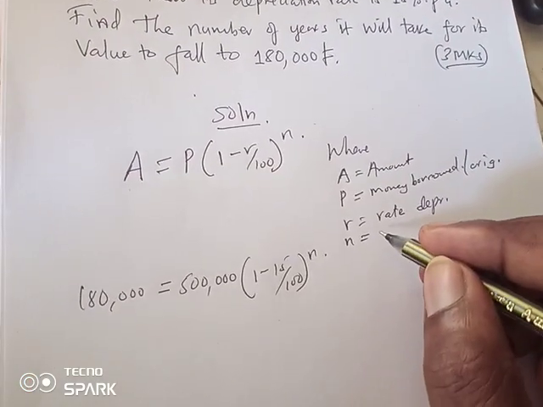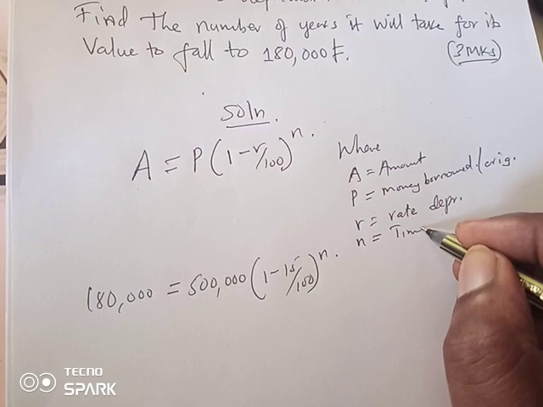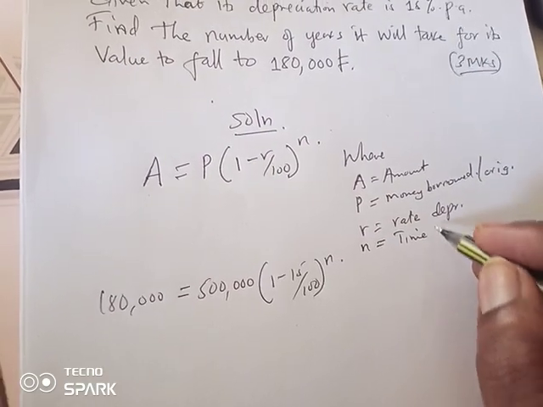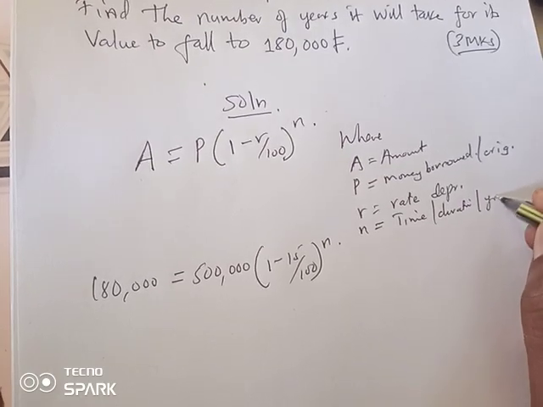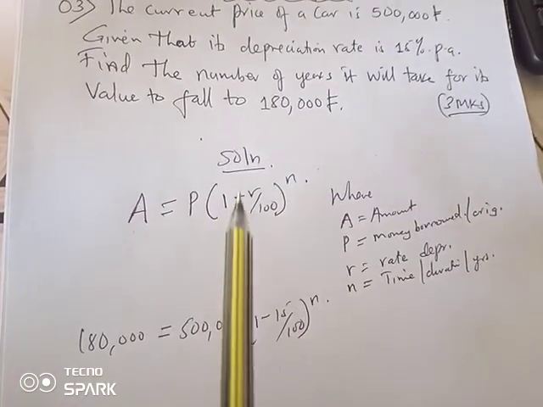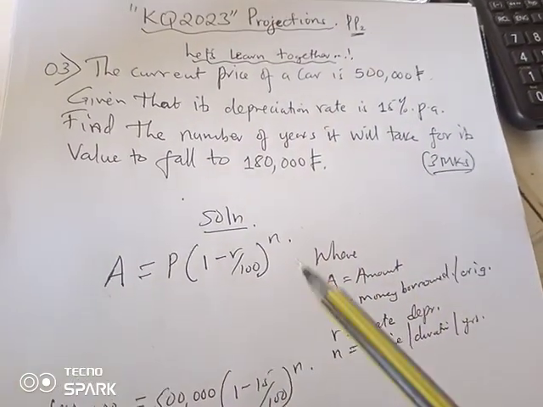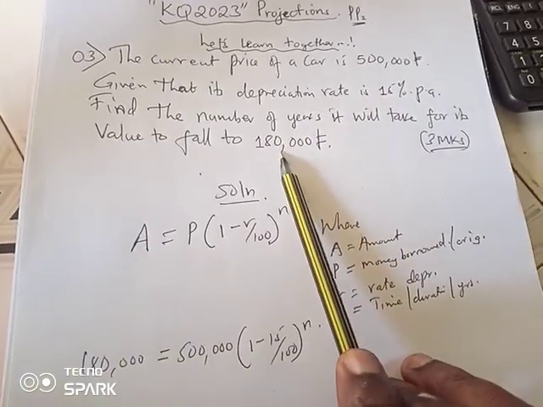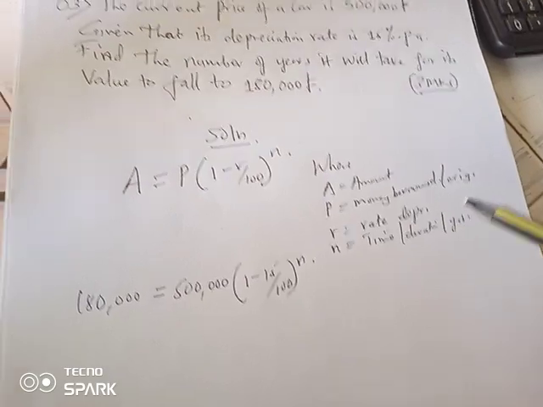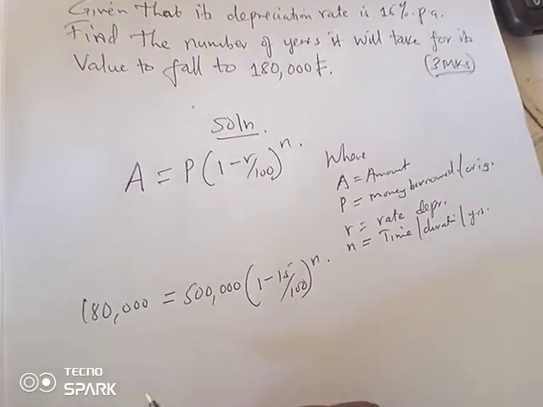N is the number of, let me just call it the time, duration, which represents the years that this car will take for its value to depreciate all the way from 500,000 to 180,000. So time of depreciation.